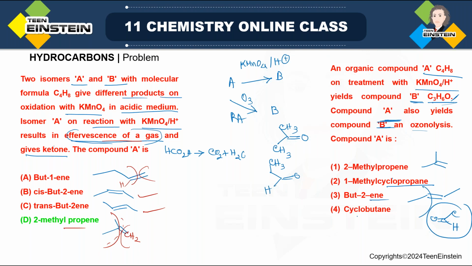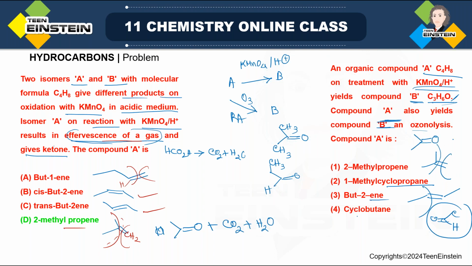Okay. And if it is 2-methylpropene, structure like this, and if you are treating it with KMnO4/H+, what we get? We have already seen from one side we get acetone, from the other side we get formic acid, which is ultimately leading to H2O and CO2. But if you are doing ozonolysis, what you get?